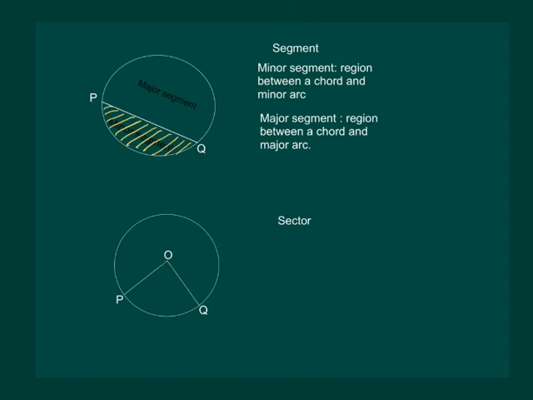So POQ forms a minor sector. Also, P and Q are the endpoints of the larger arc. So the remaining part is a major sector.